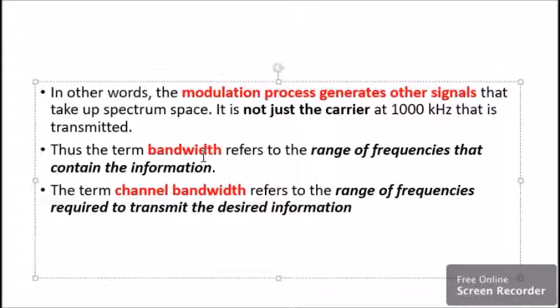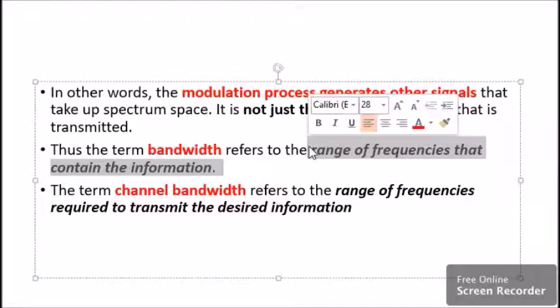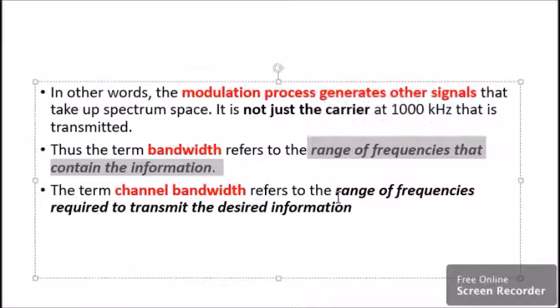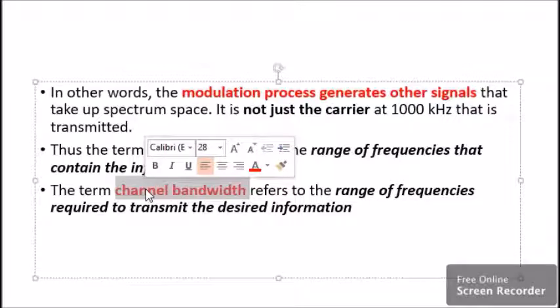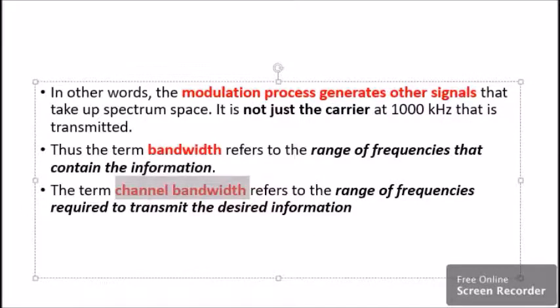So thus the term bandwidth refers to the range of frequencies that contain the information. Right? So yung bandwidth mo, you can also say that it is the range of frequency that contain your information. So the term channel bandwidth refers to the range of frequencies required to transmit the desired information. Yung channel bandwidth naman, yun naman yung kailangan mo in order to transmit your information. Okay?